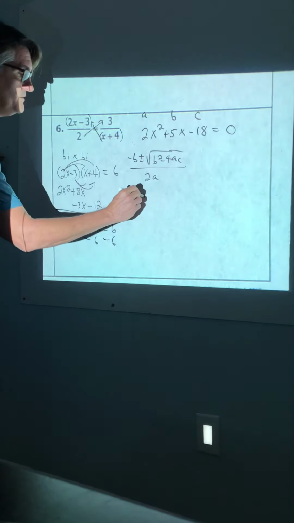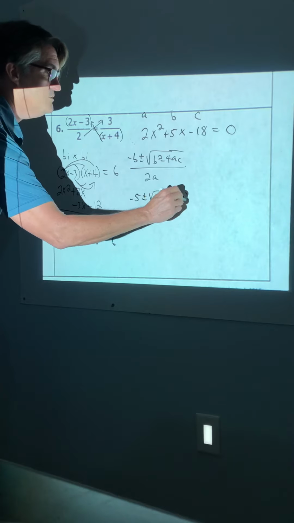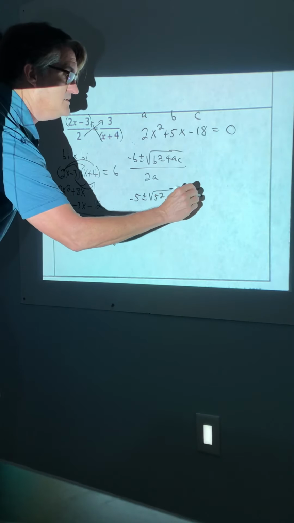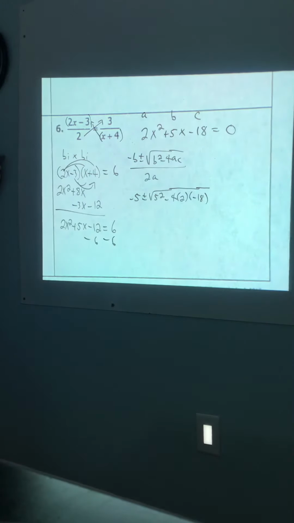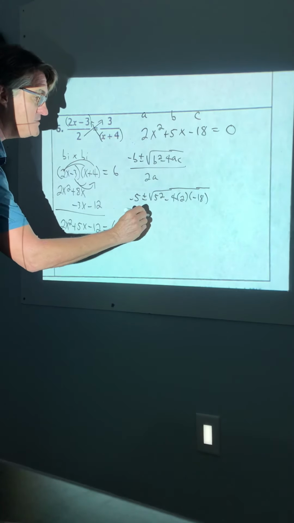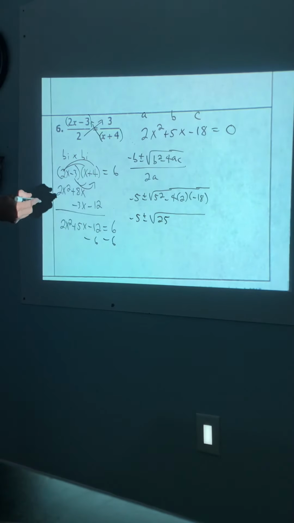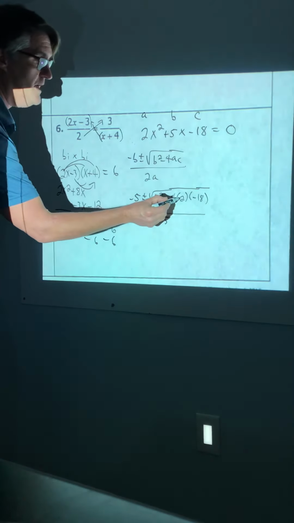Negative 5 plus or minus the square root of 5 squared minus 4 times 2 times negative 18. I'm going to leave the bottom off for just a second, just so I can save some room. Negative 5 plus or minus the square root of 25. And you guys remember what happens if one of these is negative?